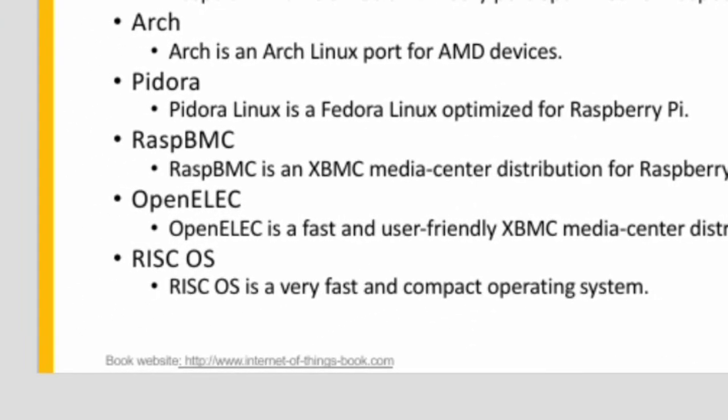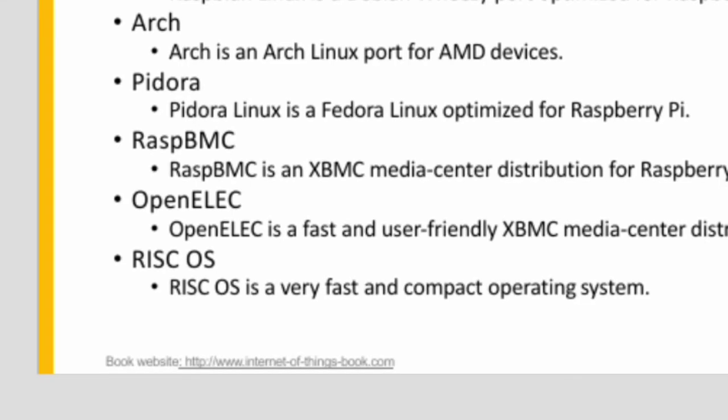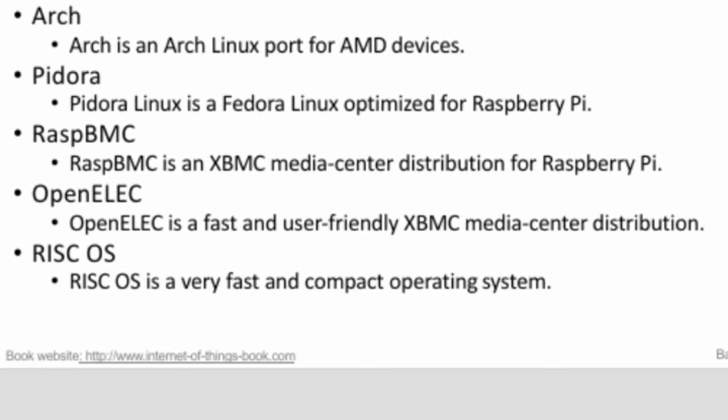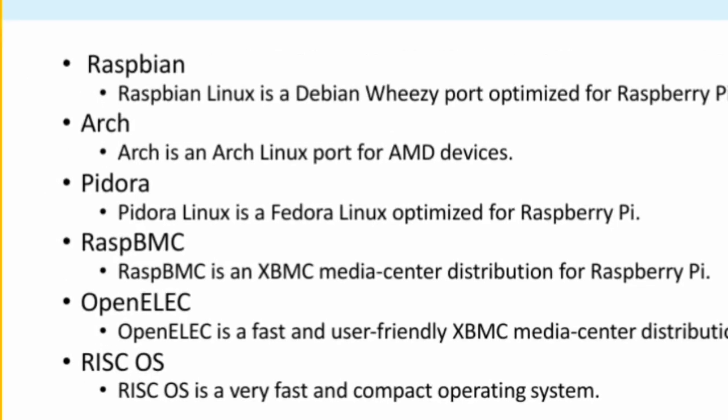Linux on Raspberry Pi. Raspbian Linux is a Debian port optimized for Raspberry Pi. Arch is an Arch Linux port for ARM devices. Fedora Linux is a Fedora Linux optimized for Raspberry Pi.